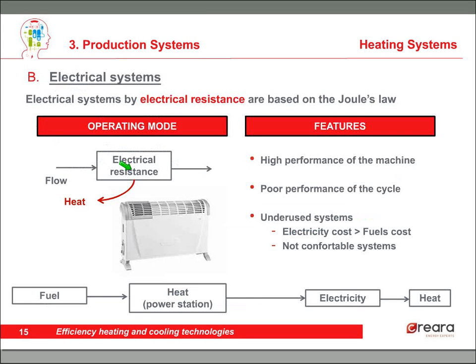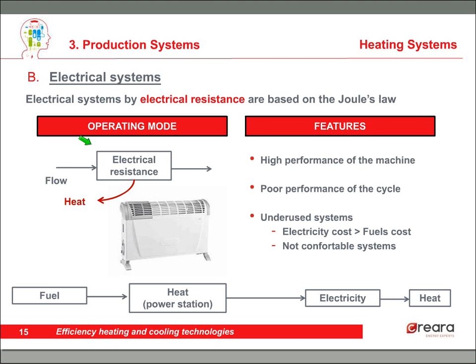Then we have electrical systems, such as this electrical radiation system, which is based on Joule's law, as you all know. The operating mode is simple. We have a flow which goes through an electrical resistance and goes out heated.